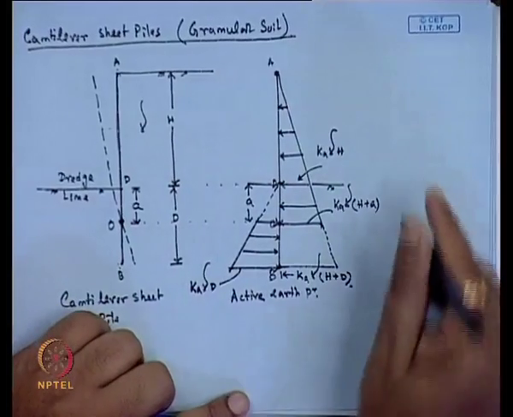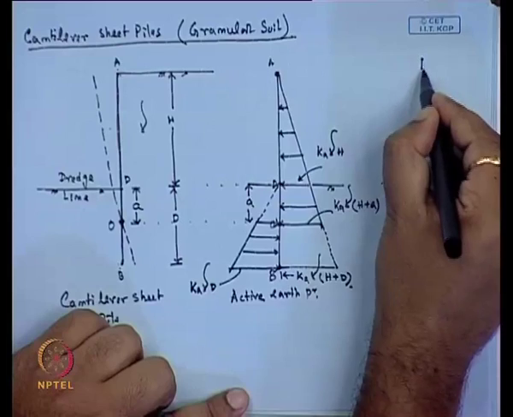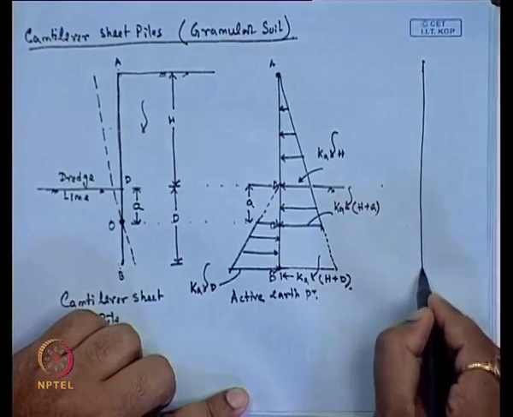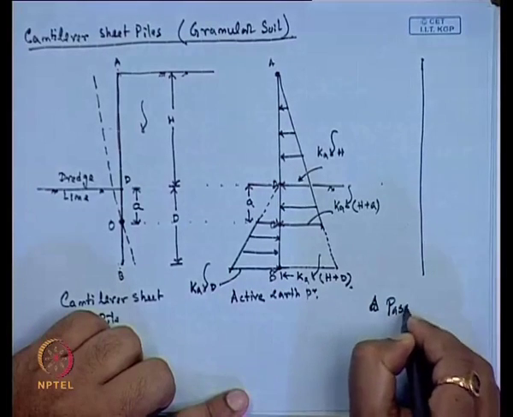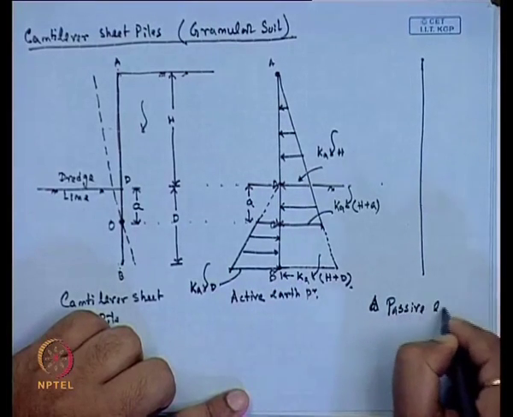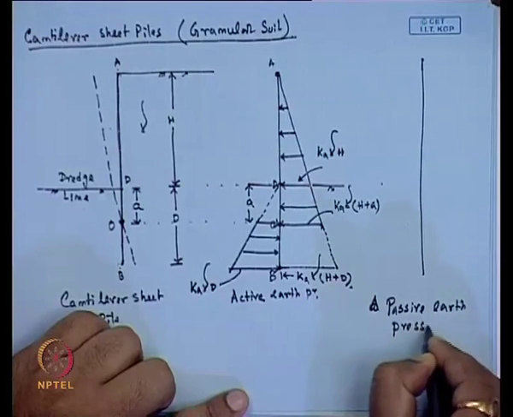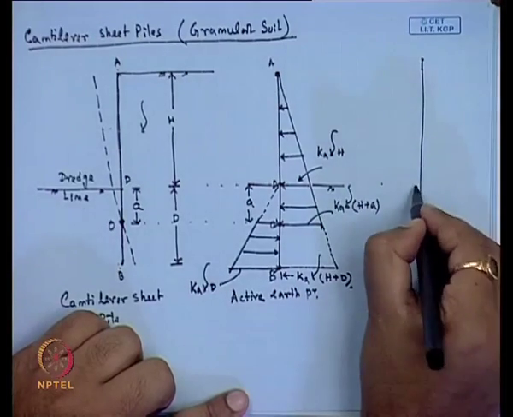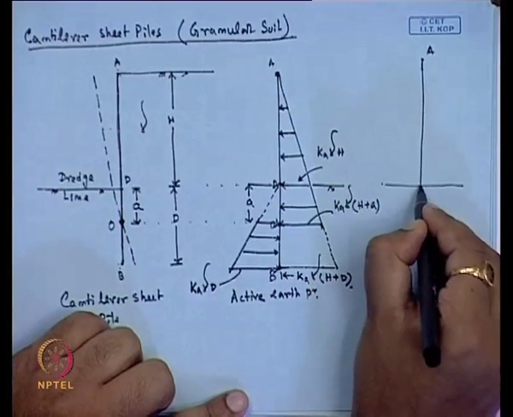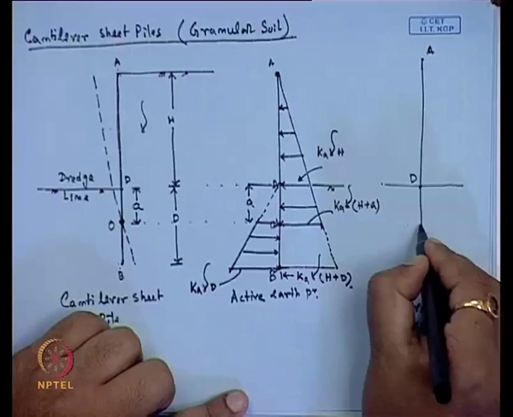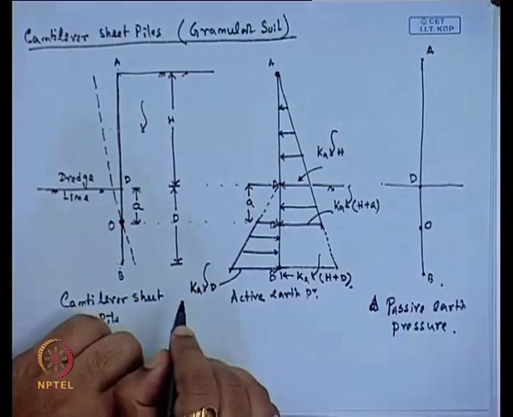Now, if I draw the passive resistance of this, same of passive earth pressure, this is A point, this is same as D point, this is O point, this is B point.